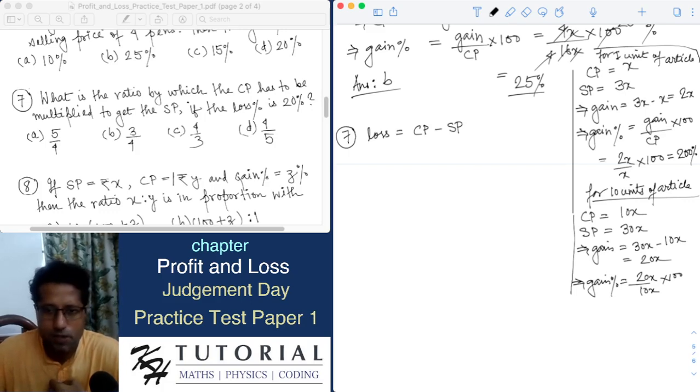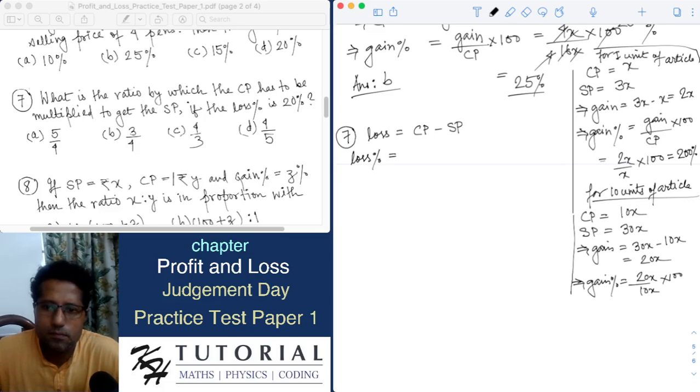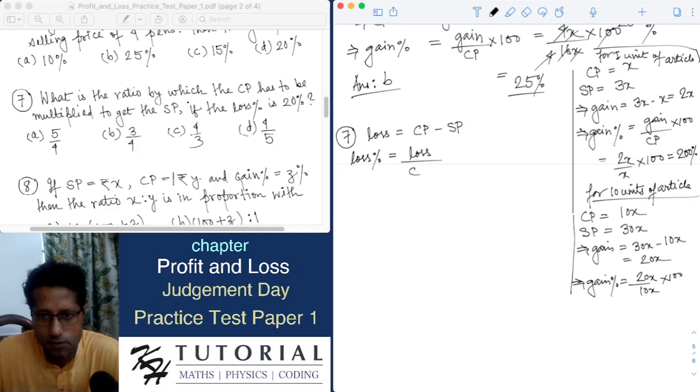CP minus SP. Also, we know that loss percent is equal to loss by CP multiplied by 100. The basic definition is loss by CP multiplied by 100.